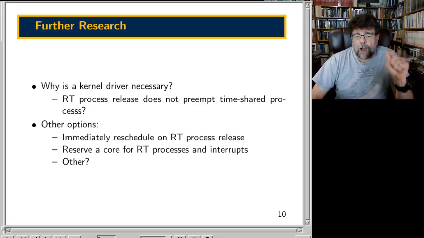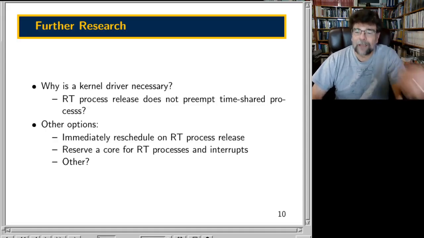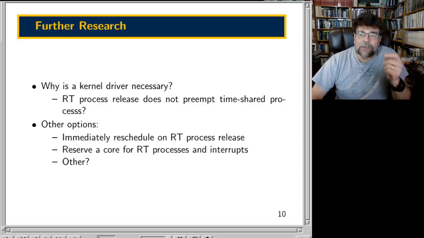So because time slices are several milliseconds, that means that a real-time process might have to wait a few milliseconds before it can actually do its thing. And for something that's meant to run every millisecond, it's possible that this is causing a delay that's enough to create this flicker. I don't know for sure that that's what's happening, but that's my suspicion.